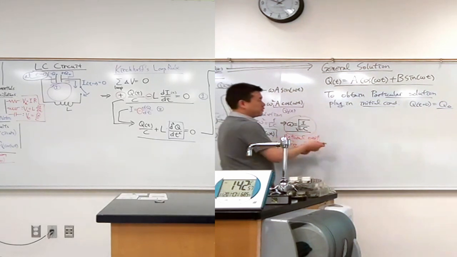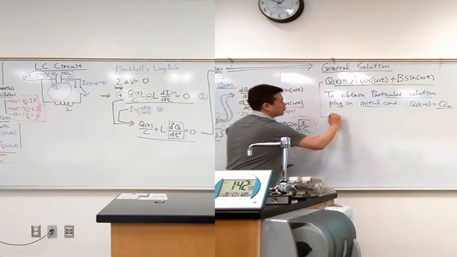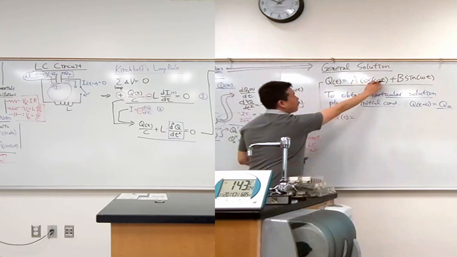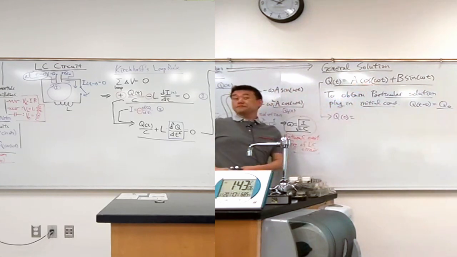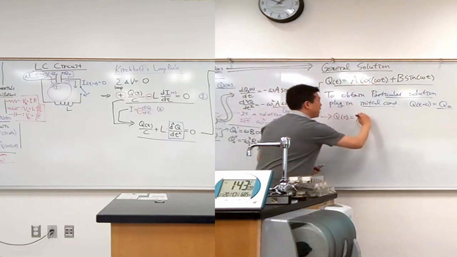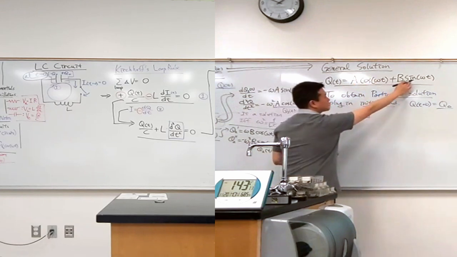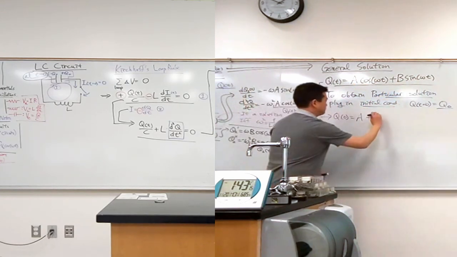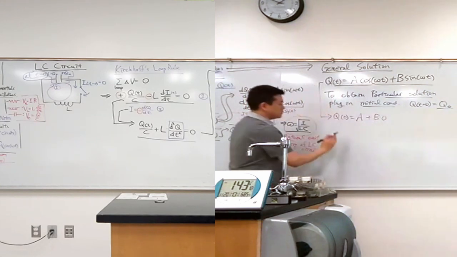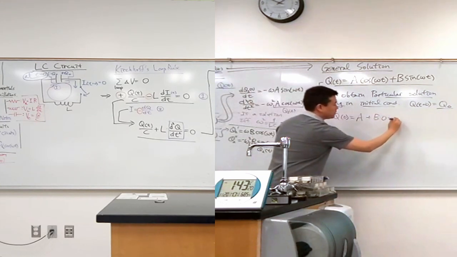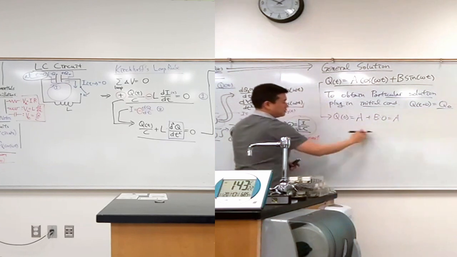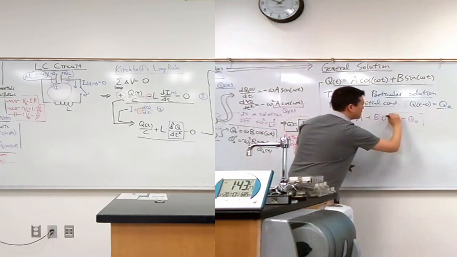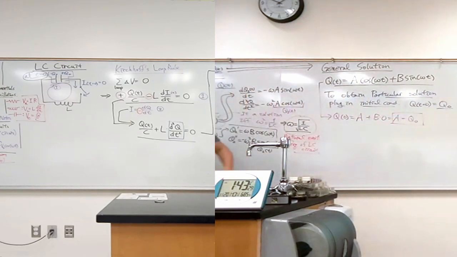At time equals 0, let me write down what Q of time equals 0 is. A times cosine of omega times 0. What's the cosine of 0? 1, all right? So A plus B times sine of, what's sine of 0? 0, so B times 0. So this condition does give me that A is equal to my initial charge Q naught. But do I know what B is?